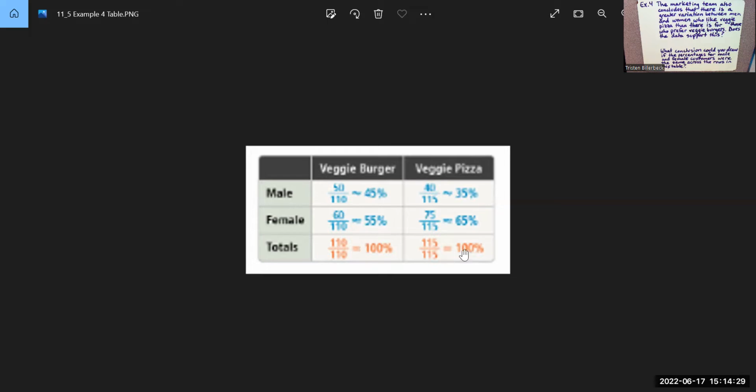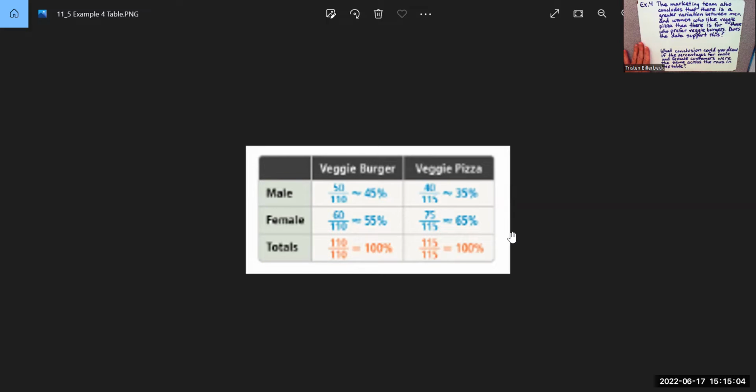Then for veggie pizza preference, 35% like it out of the 65% that like this veggie pizza. So there's a 30% difference right there. There is more variance between the liking of the pizza versus the burger, so that could be important when making a decision.